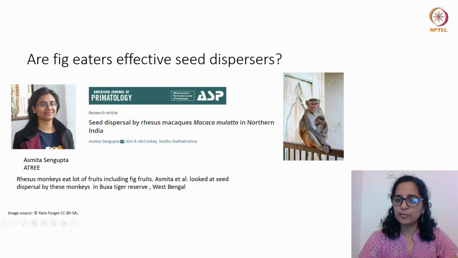You will be familiar with these monkeys. She studied seed dispersal by Rhesus macaques in Buxa Tiger Reserve in West Bengal, and they published this in the American Journal of Primatology.